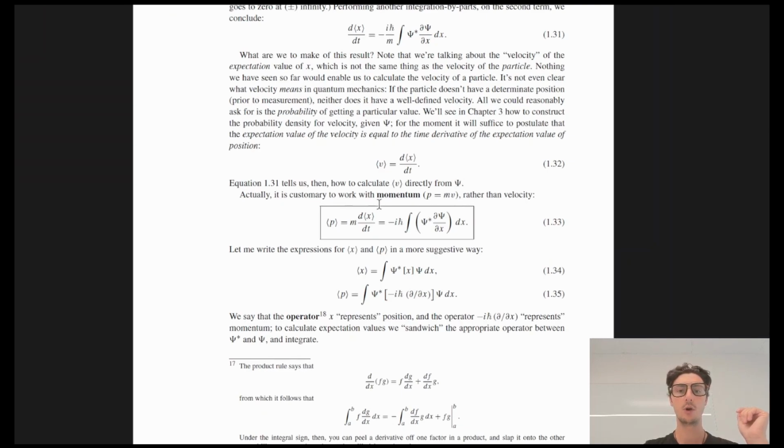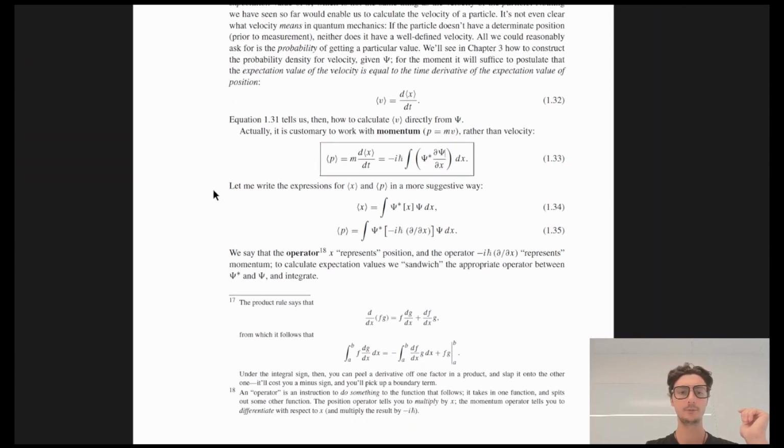Actually, it is customary to work with momentum, p is equal to m times v, rather than velocity. Expectation value of momentum is m times the derivative with respect to time of the expectation value of x, which is equal to negative i h bar, integral over all space, in this case dx, complex conjugate of psi times the derivative with respect to x of psi.